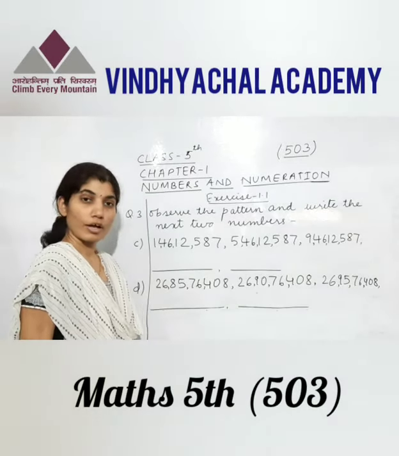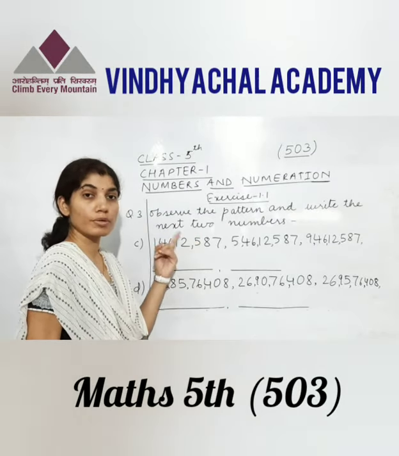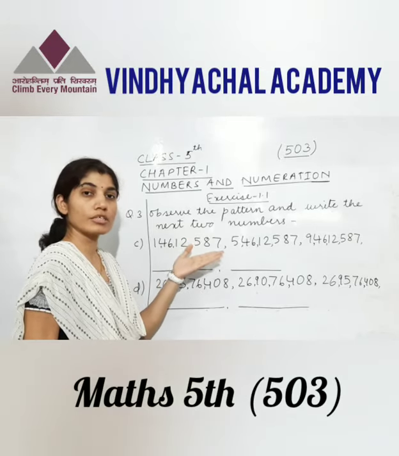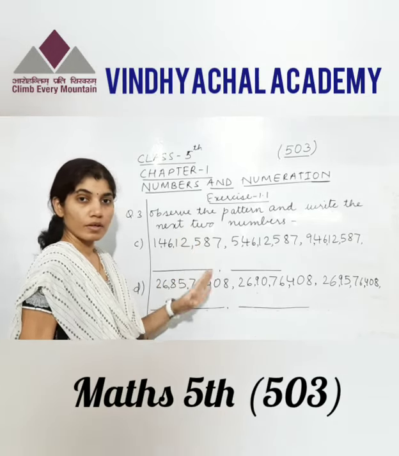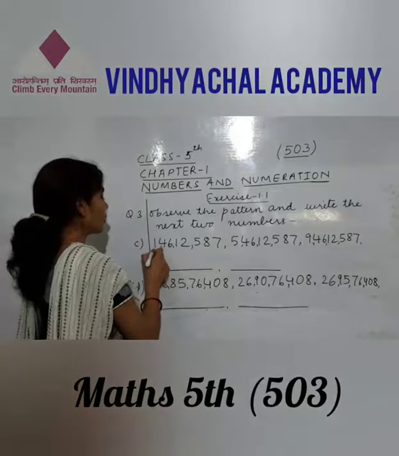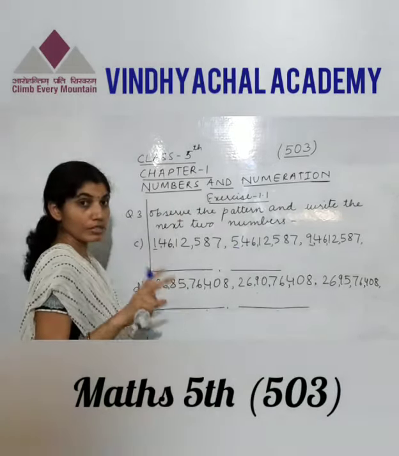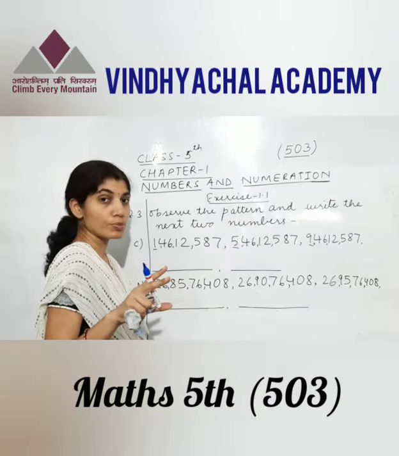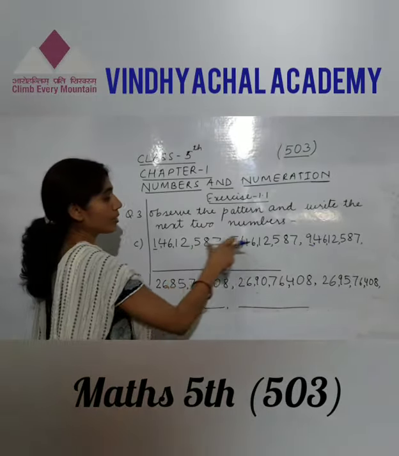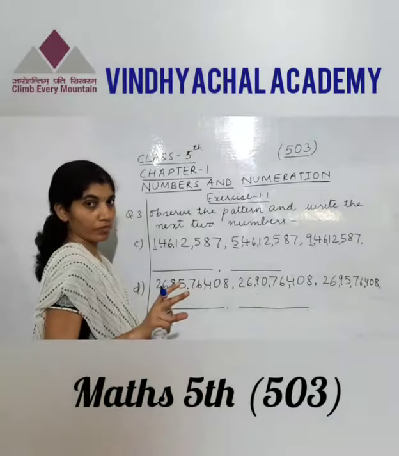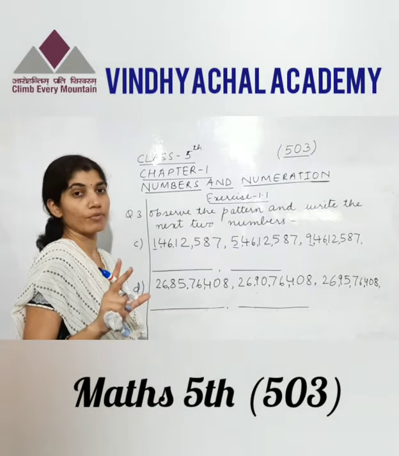So now, are you able to think which place or which period is changing here, and which places and which periods are same? See, here it is 1 crore, here 5 crore, and here 9 crore. Difference is coming only in the crores period, and remaining periods, remaining places are same. Okay, that means only crores period we have to change.